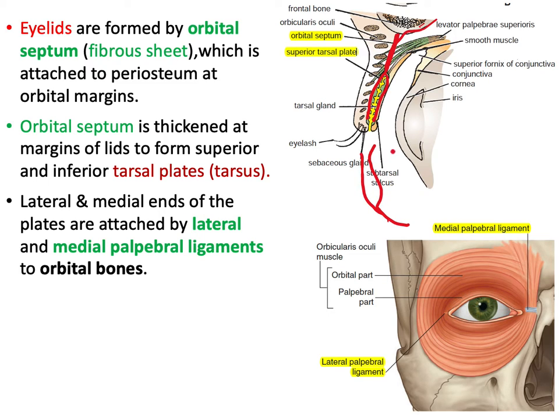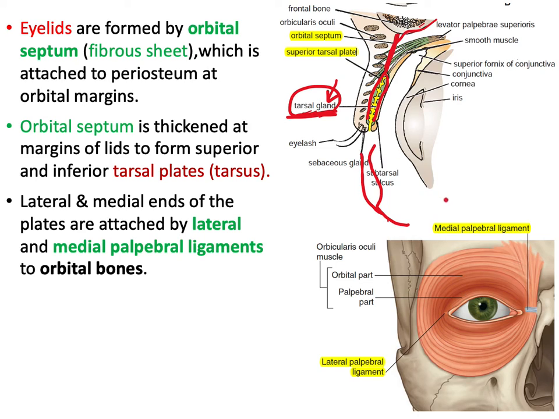This is not the important part. What is more important is that embedded inside the plate is a gland called the tarsal gland. We don't usually use tarsal gland. We use meibomian glands, which are sebaceous glands, right?